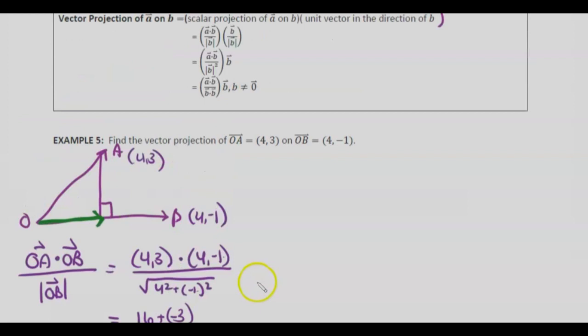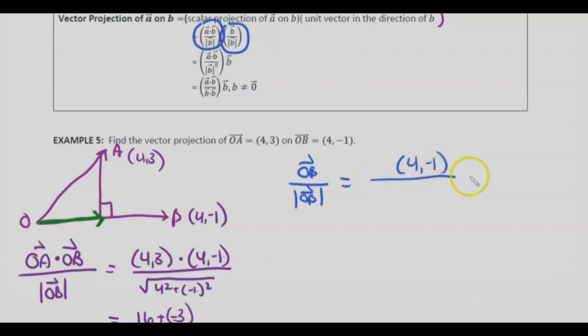If you think about it, back up to this equation, we just solved for this right here. Now let's solve for this one. We're going to have vector OB over the magnitude of vector OB. Vector OB is (4, -1), and it's going to be over the magnitude of vector OB.